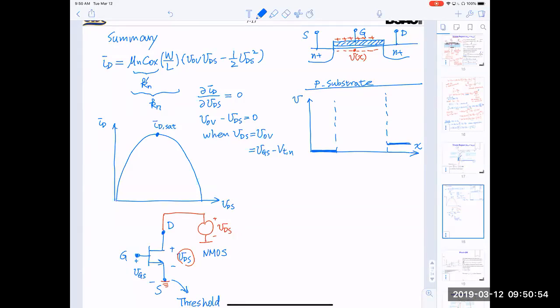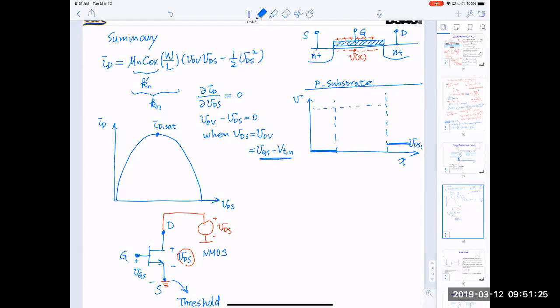Let's call this VDS1. So we just gradually increase that. An important potential as a reference is the gate potential, the overdrive potential. This is an important reference here, so let me draw a dotted line here.